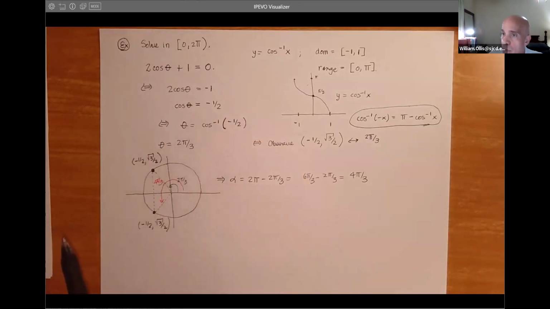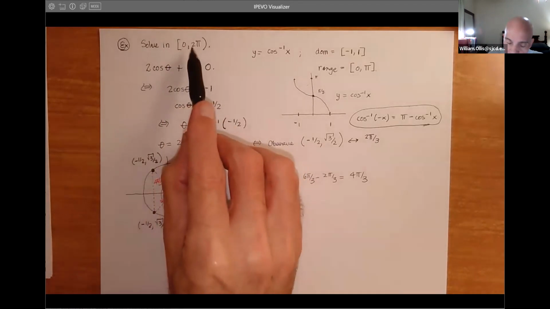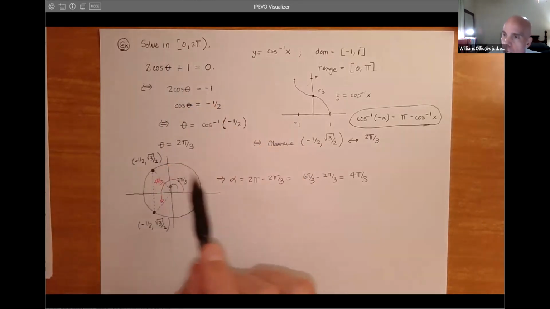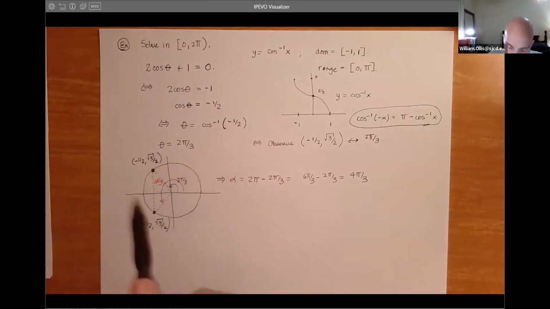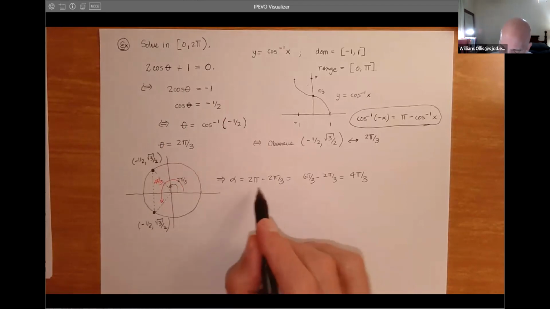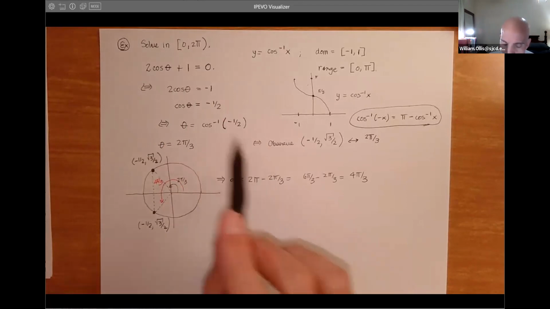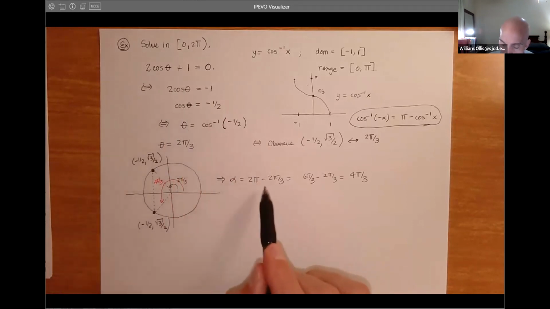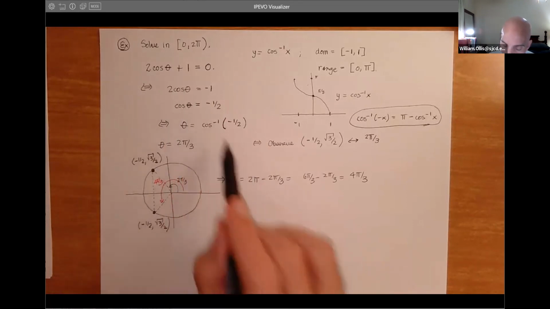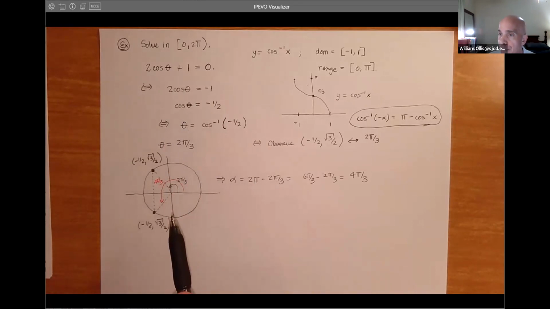No more solutions. But when you extend to the entire circumference of the unit circle, you pick up another solution. That's the same way with the sine function. So this is basically Professor Ron's lemma. When you have a solution with the cosine equation, the second solution will be said solution subtracted from 2 pi.